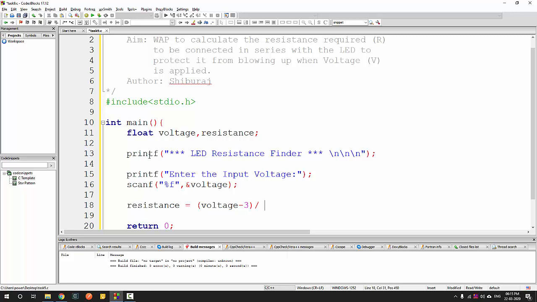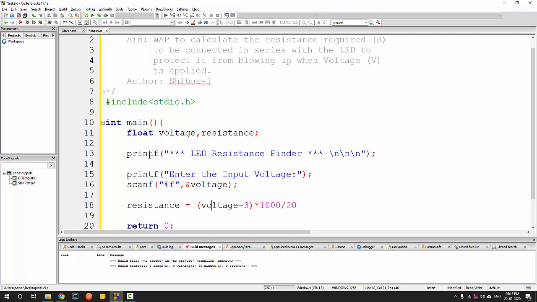So I would just do 20 and divide by 20 into 10 raised to minus 3, right? So 10 raised to minus 3 is nothing but divide by 1000, and so this division of division will become multiplication, right? So I can write it as voltage into 1000. Okay, and then divide by 20.